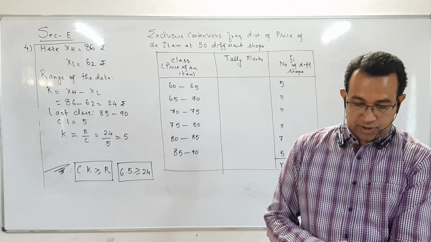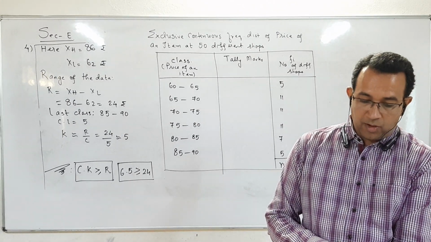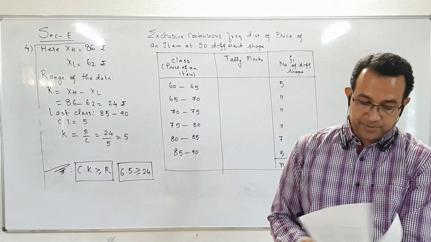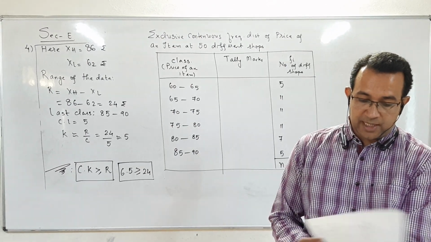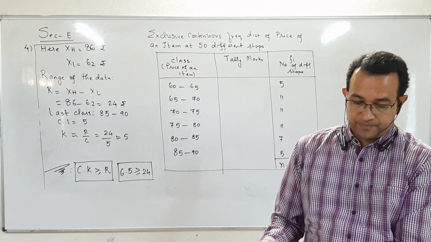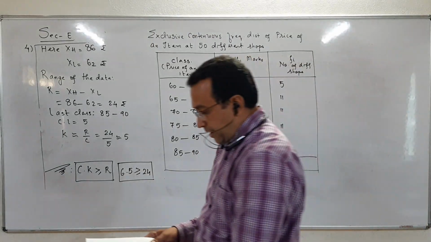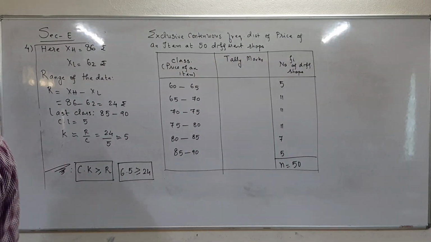So now, students, in our section E we have done questions 1, 2, 3, 4, 5 and 6. The remaining questions, students, are of a different concept. Now, students, I am coming back to exercise 2.1, and we have to do sum number 6 and sum number 7.